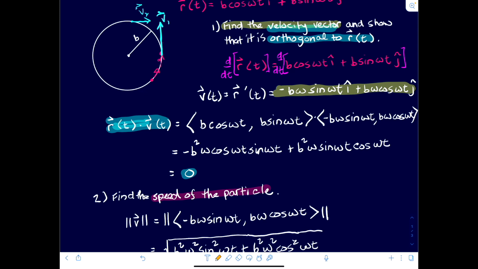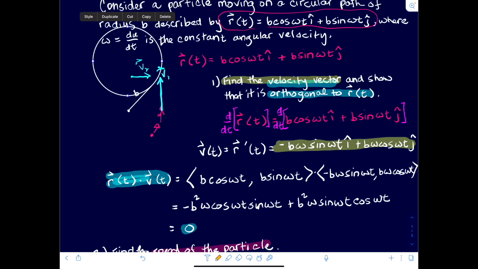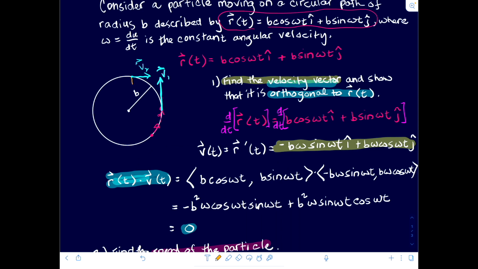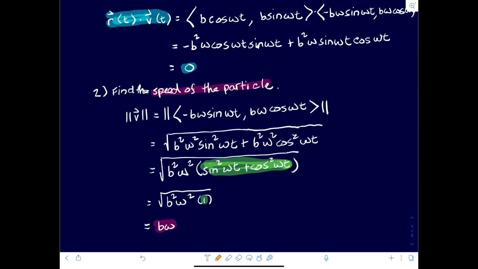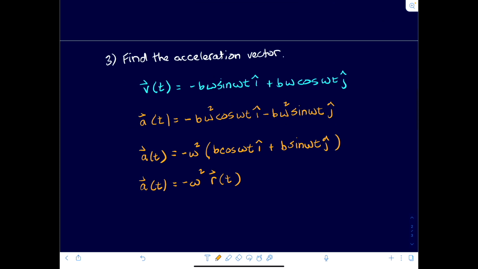Good, towards the origin, right? So the acceleration vector will always be pointed towards the origin. They're always going to point towards the origin or the center of the circle. Cool. All right. So that is that.